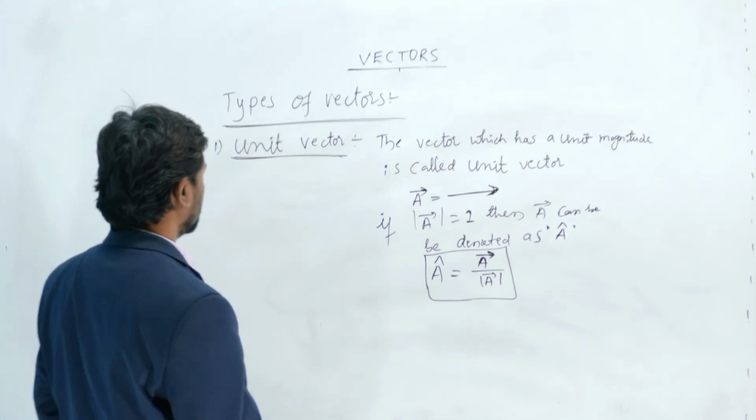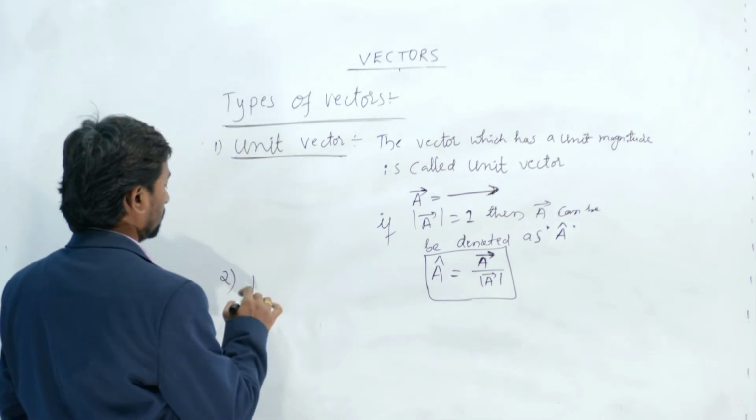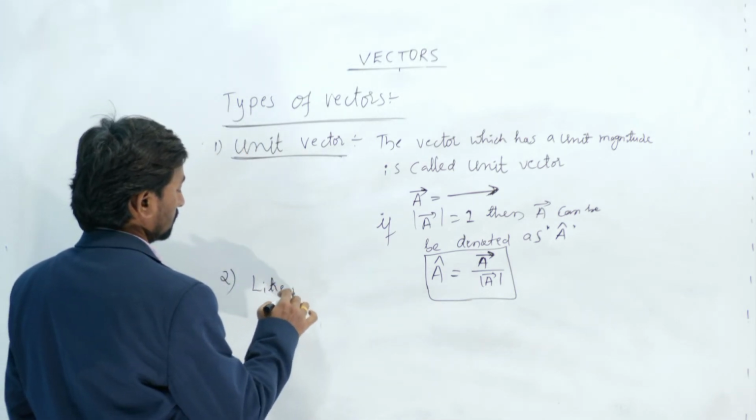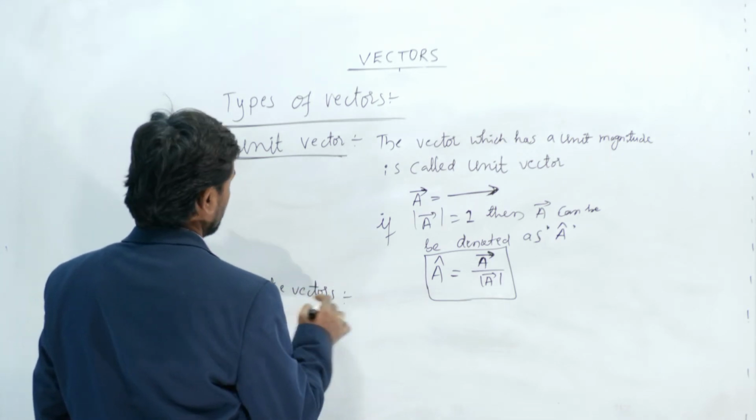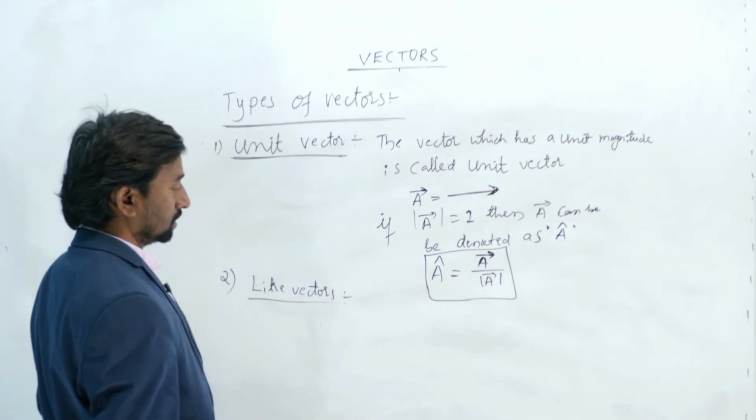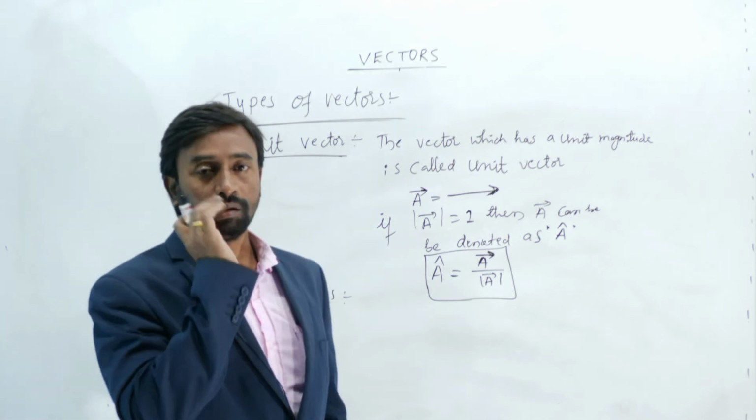The next type of vector we have is like vectors. Like vectors are nothing but the vectors which have the same direction.